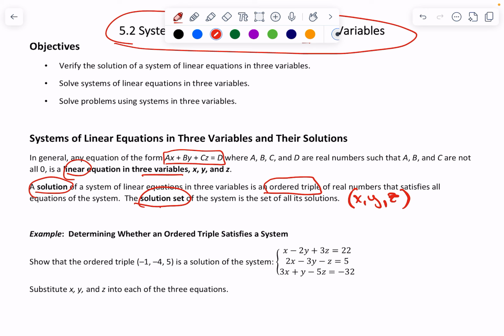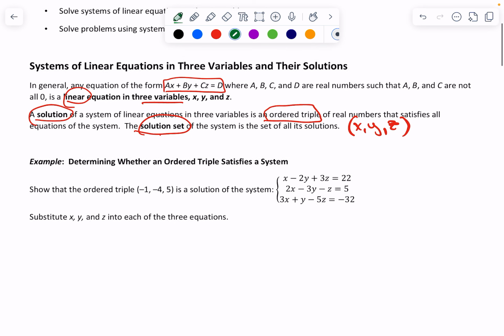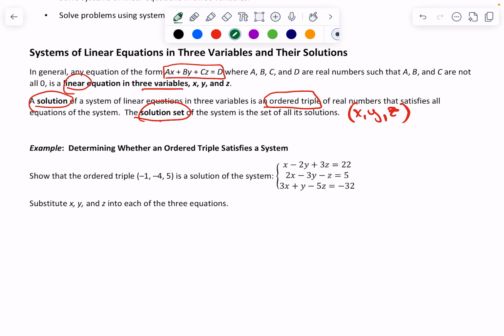Okay, next we're going to look at whether an ordered triple satisfies a system. So we have the ordered triple here, x, y, and z, and we need to figure out if it is a solution of this system right here. So we're going to start just like we did with two variables.